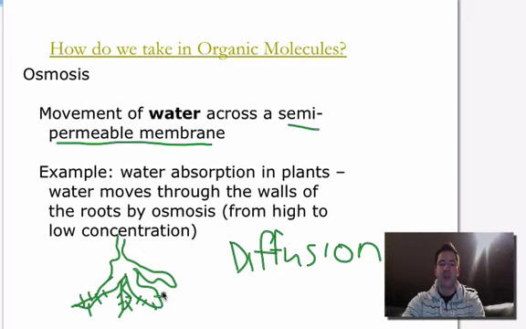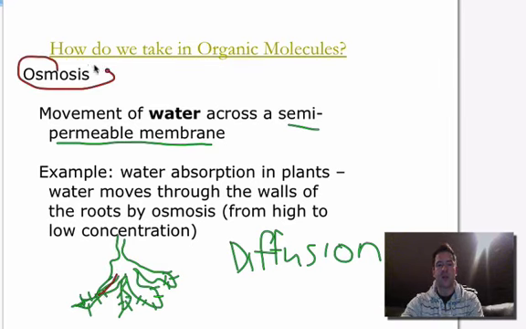What's going to happen is they are going to absorb nutrients and water, and it's actually through osmosis. It's going to enter through the roots, and it's going to move its way up through the stem, through what we call active transport, which we'll talk about next. But osmosis allows it to come in.